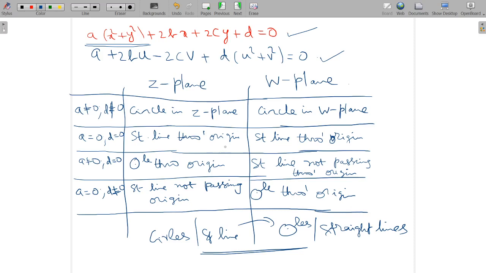So if you want to discuss a transformation, you take convenient functions in the z plane and find the corresponding images in the w plane. So this completes the discussion about the transformation w is equal to 1 by z. In the future lectures, we will discuss another transformation, namely w is equal to sin z.